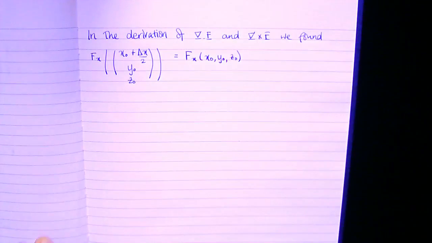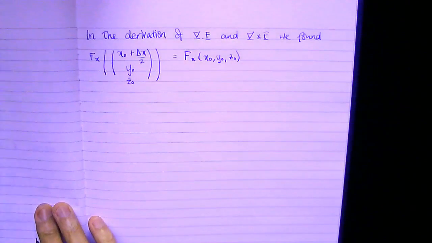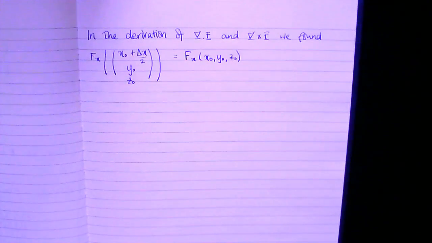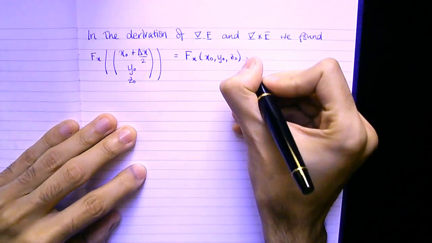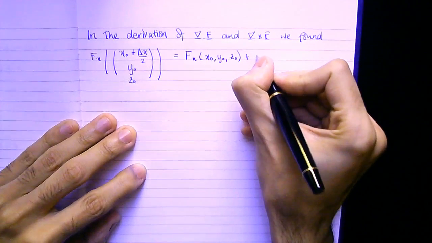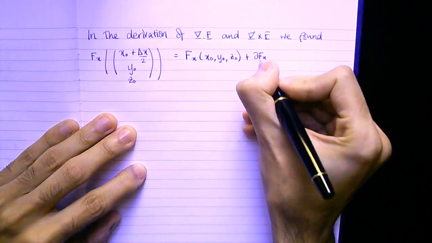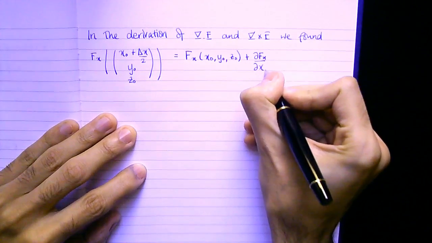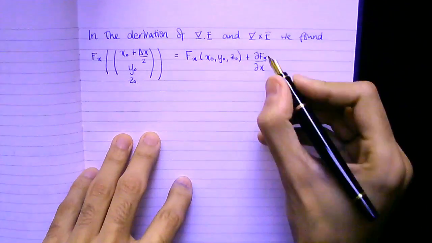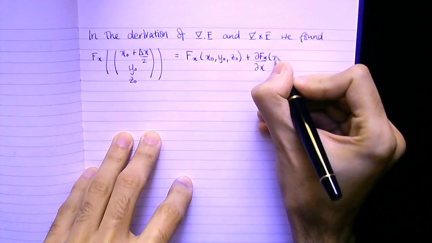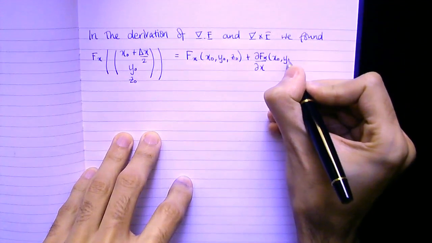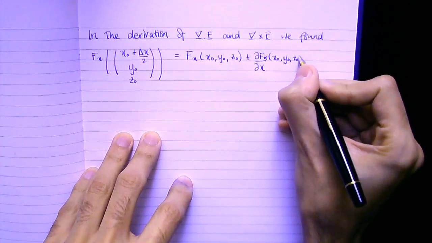That's the constant term evaluated at a particular point. Then I'll have the derivative of this with respect to x, also evaluated at x0, y0, z0.